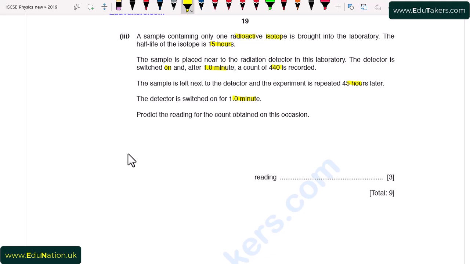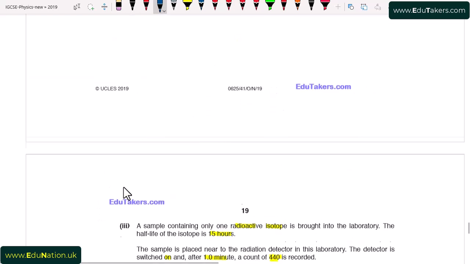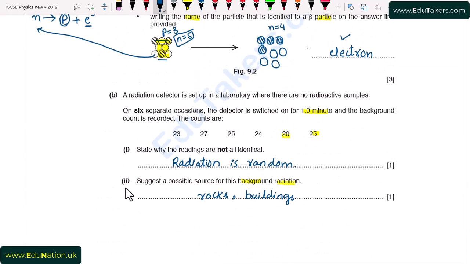So first of all, there are a total of 440 counts, and this count rate is due to the background radiation and actual counts. So first of all, I find out the count that is due to the background radiation. From this part, these are the counts due to the background radiation, and I am going to find the average of these numbers to find the average count rate.